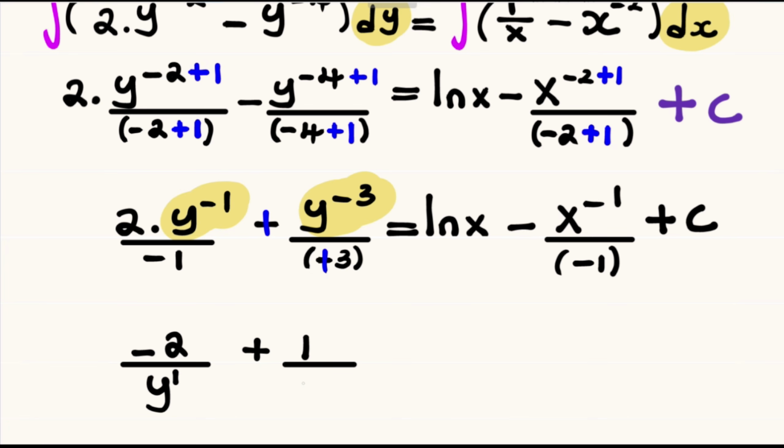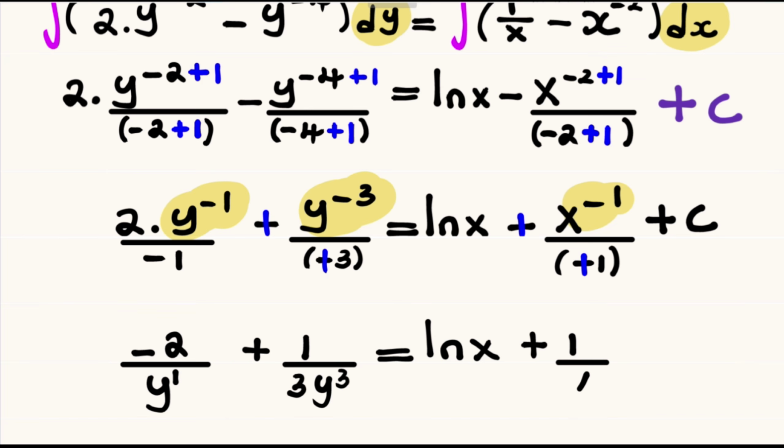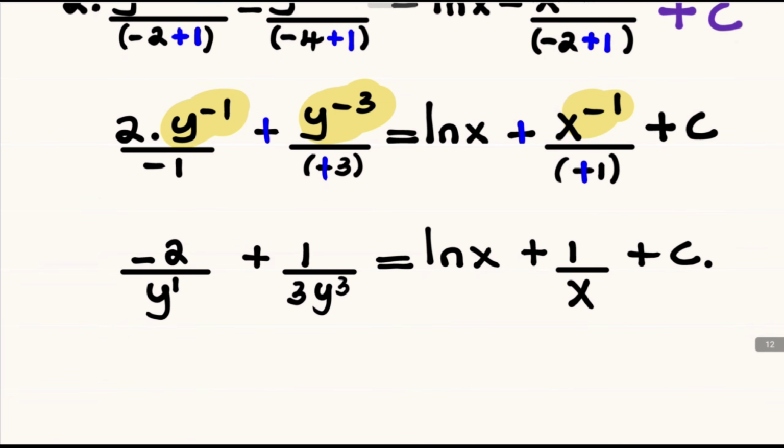So we'll have 1 divided by 3 multiplied by y to the power 3, and this will be equal the ln x, and that negative divided by that negative will be positive. We also move that x to the power negative 1 from the numerator to the denominator. Its exponent will change sign to positive 1, from negative 1 to positive 1, plus our constant c, and this will be our answer.